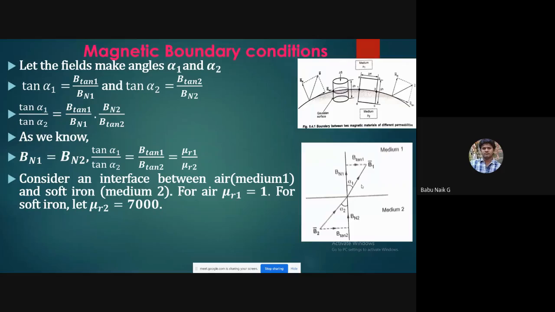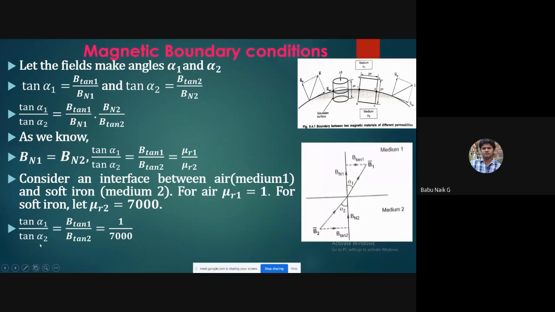With these things, you can calculate the magnetic field strength. So for air, mu r1 is equal to 1, and you can consider mu r2 equal to 7,000 here. By having this, you can calculate the relative permeability from this equation.